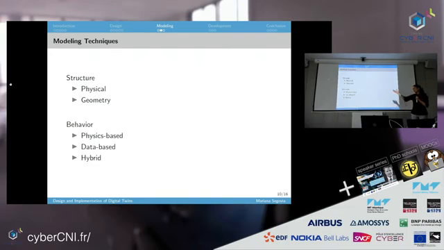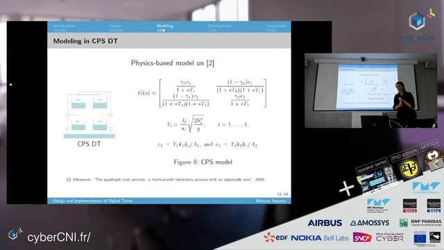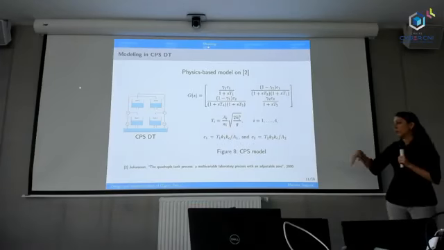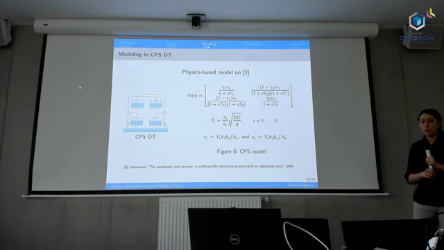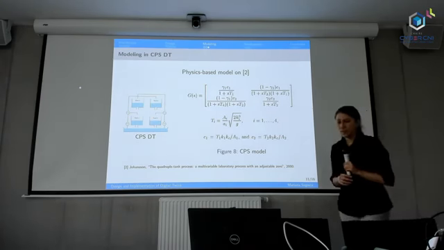And then these two approaches have different advantages and disadvantages, and that's why we have hybrid models that use both of them. So in this case, we use a physics-based model. During my PhD, I use mostly this kind of modeling, and all the maths are explained in this paper, and we implemented it using Kalman filters.